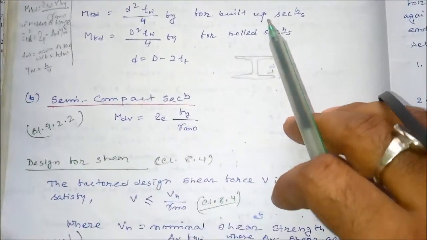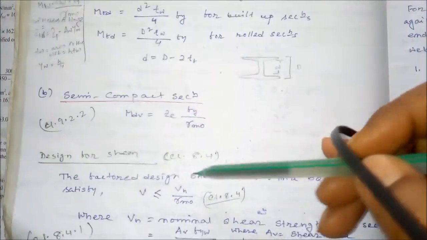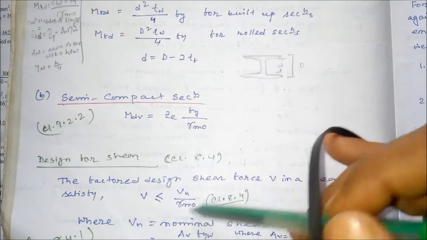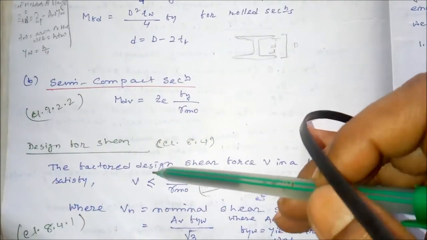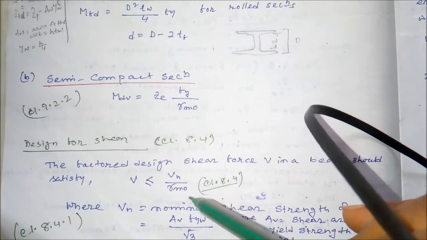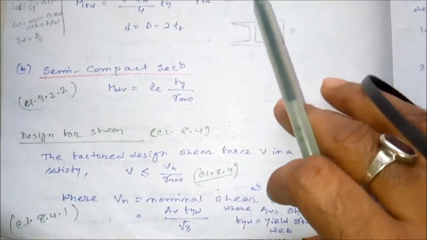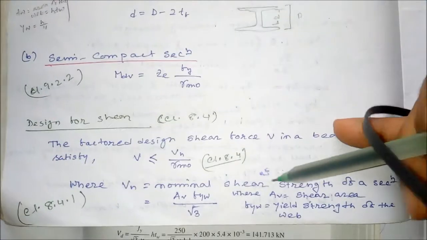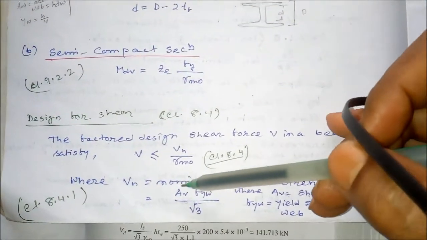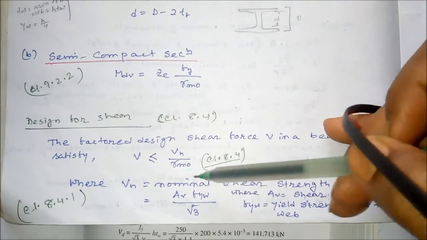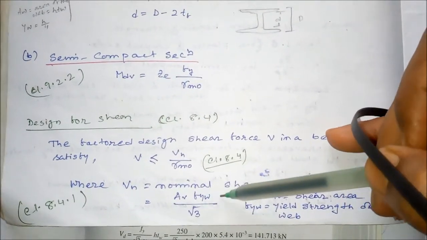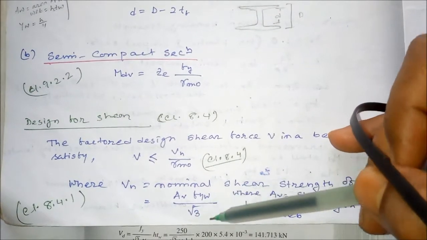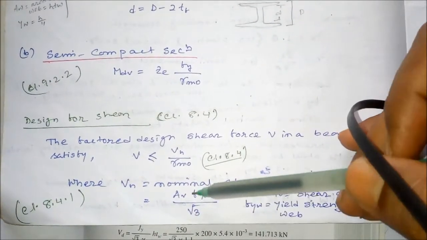And what will be the value of design shear strength? V should be lesser than Vn divided by gamma m0, and Vn is the nominal shear strength, which will be equal to shear area multiplied by fy of the web divided by root over 3.